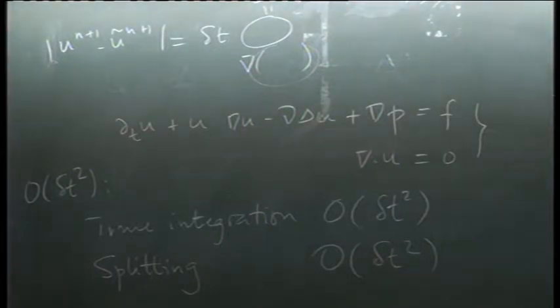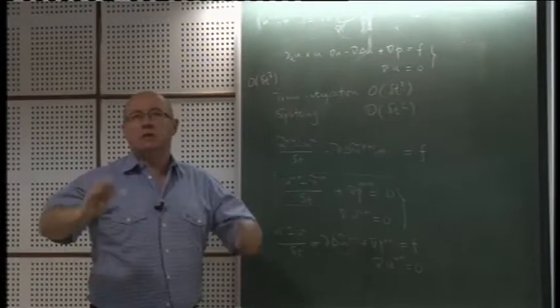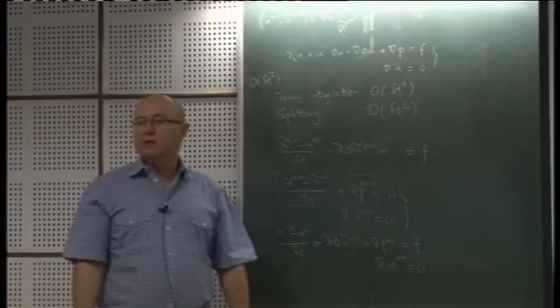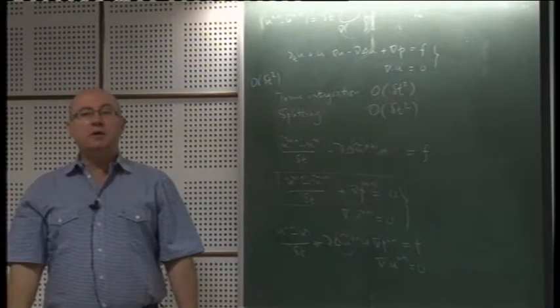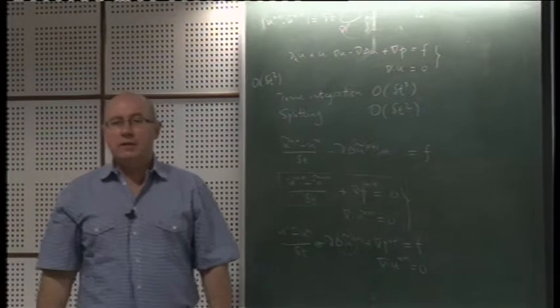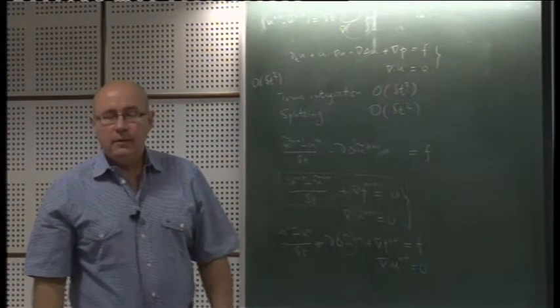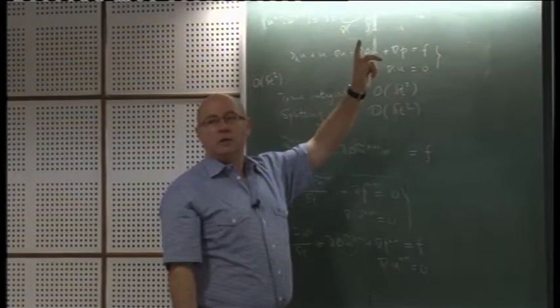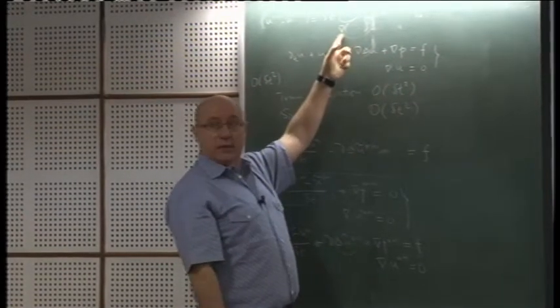Because remember that in the splitting, we have to have the gradient of a certain function phi. So that has to be the gradient of something, but that something has to be of order delta t. If it's not the pressure, what could it be? No. It has to be a scalar. It cannot be the velocity. It has to be a scalar, because you have to take the gradient of it.